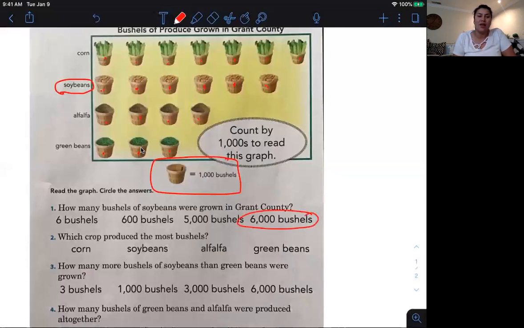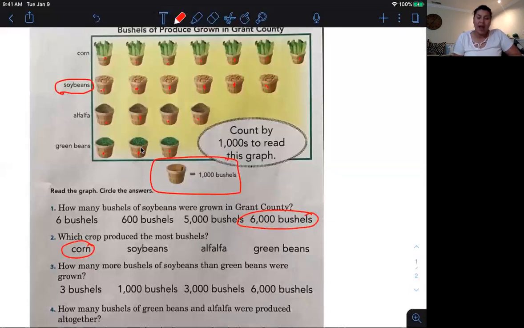Good job. Which crop produced the most bushels? Crop is the thing that they grew, whatever type of produce that they grew. Which one was the most? Did you say corn to me? Yes, you're right. It's corn. Good job.